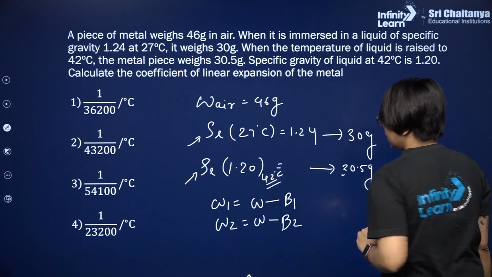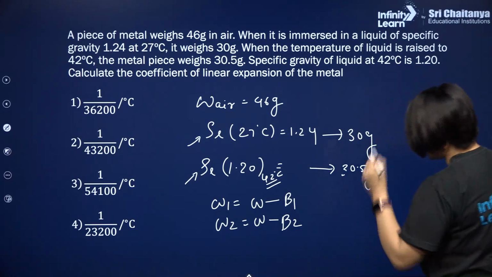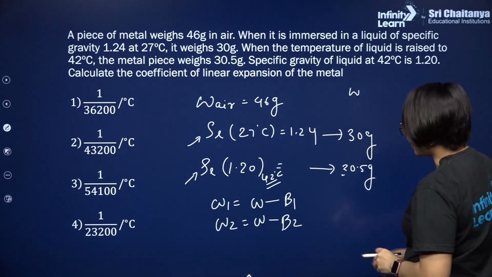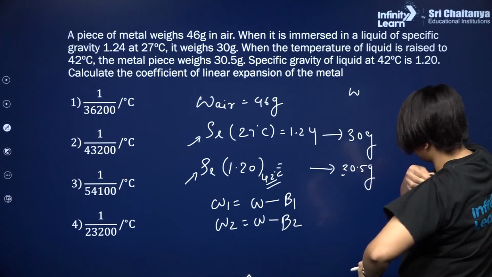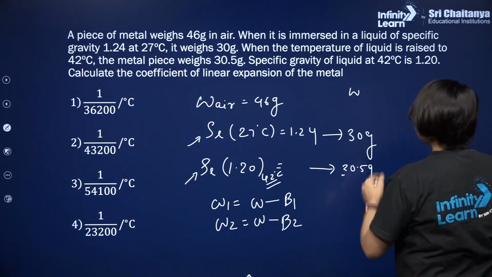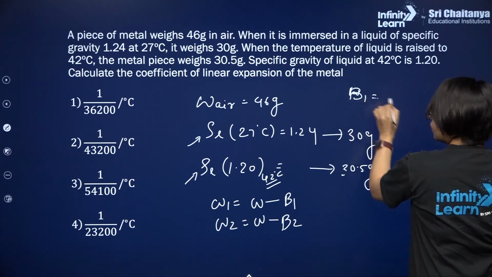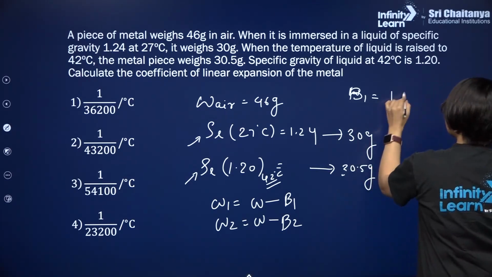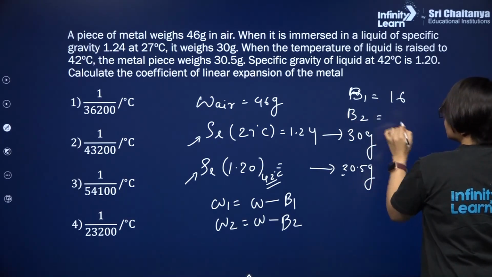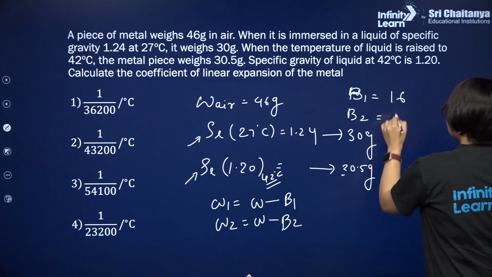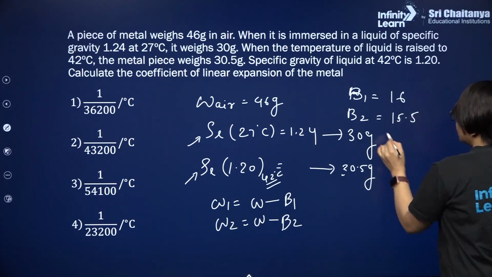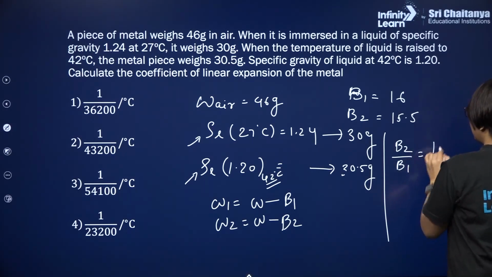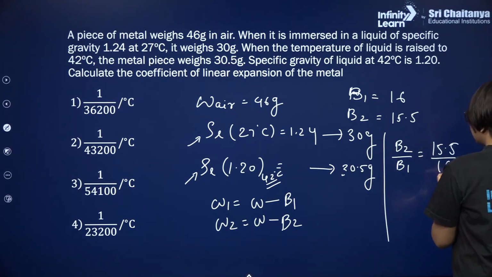So if you calculate the buoyant forces B1 and B2, B1 will be W minus W1, which is equal to 46 minus 30, that is 16, and B2 is 46 minus 30.5, that is 15.5. So if you calculate B2 upon B1, that will be 15.5 divided by 16, right?